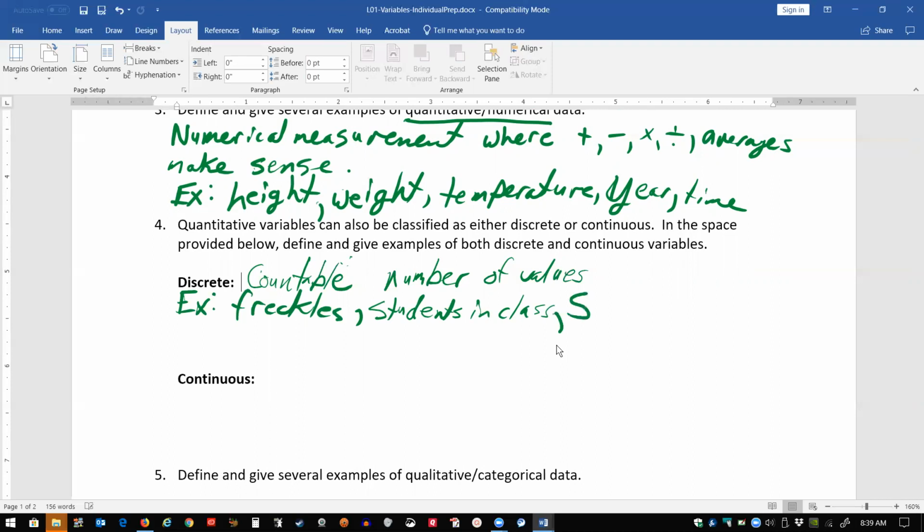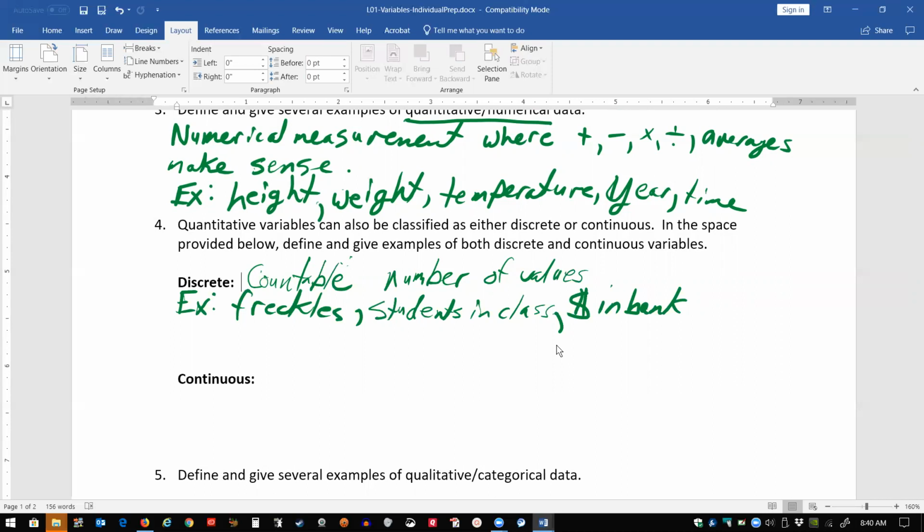Unfortunately, the money in our bank account is also a countably finite number of possibilities. Now, discrete variables could actually be infinite as well, but countably so. So if you think of the set of natural numbers, our counting numbers, you can count 1, 2, 3, 4, 5, and you can go up as far as you want, and keep going.